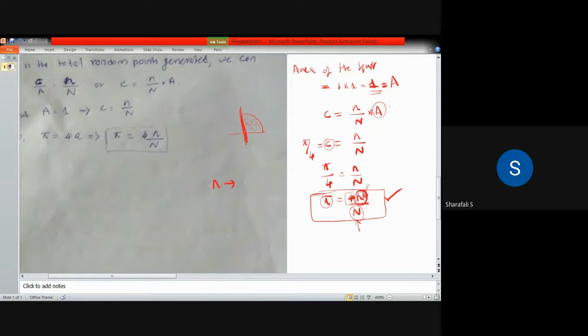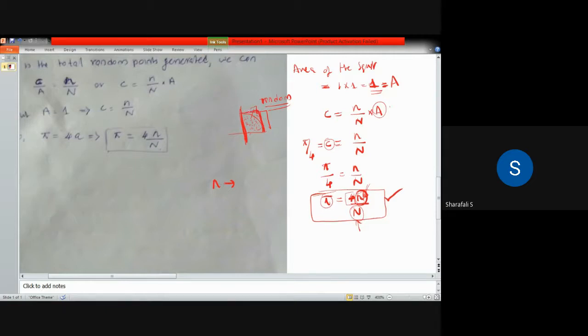That can be generated by using the random function available in Python. Randomly it will create points within this range, and also within the square. So the total number of points will be made within that square region.